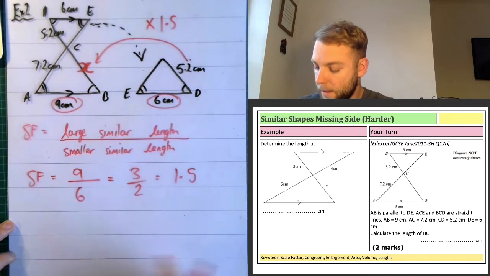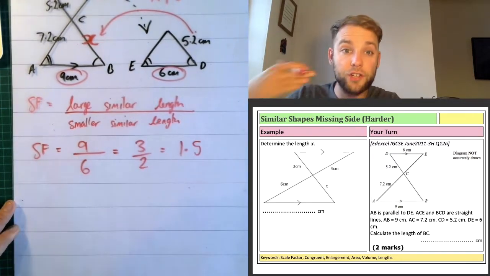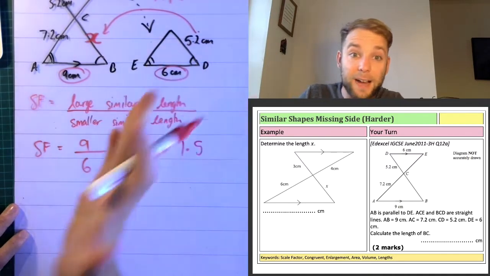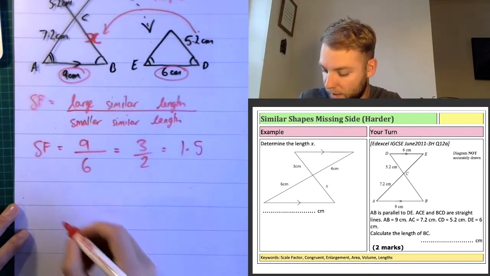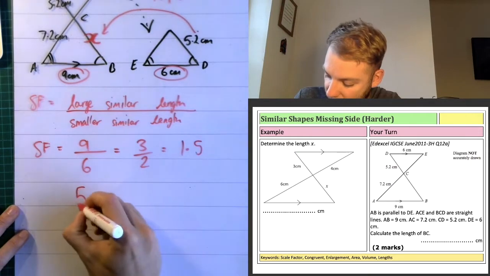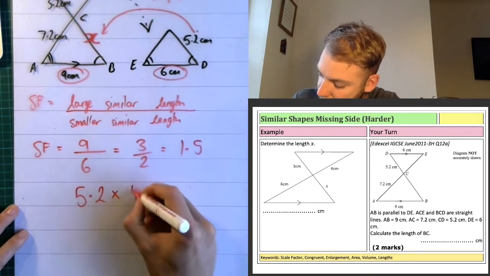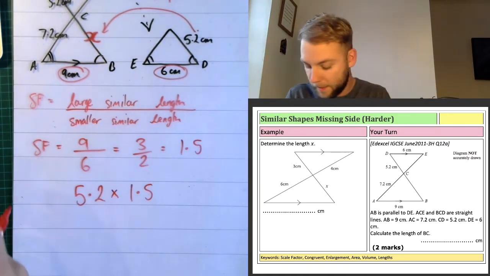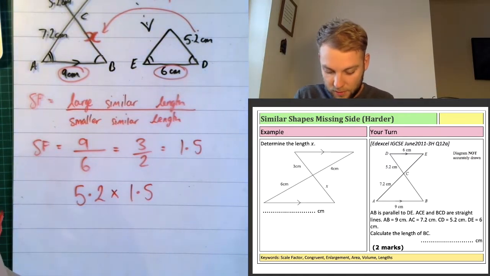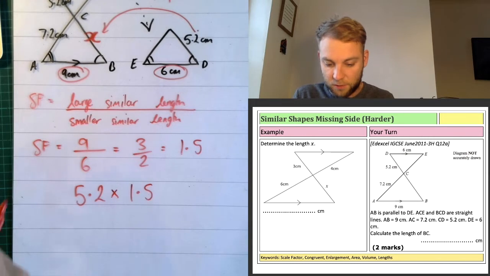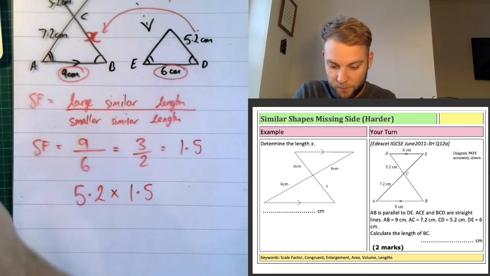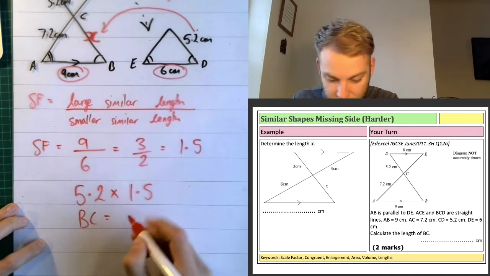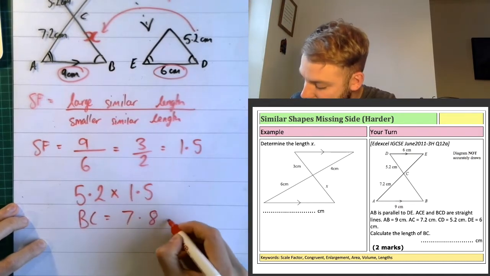So to work out my larger similar side, it's going to be my smaller similar side times the scale factor, which in this case is 1.5. So 5.2 times 1.5, because we know that it's 1.5 times bigger, is equal to 7.8. So B to C is equal to 7.8 centimetres.